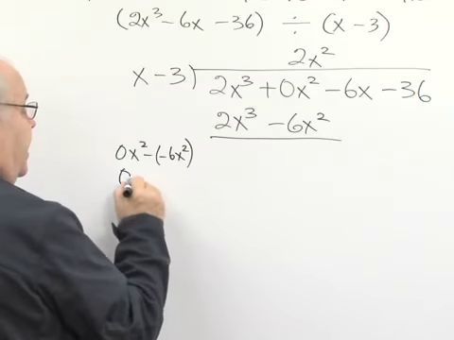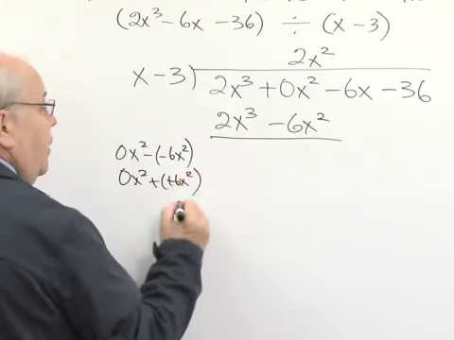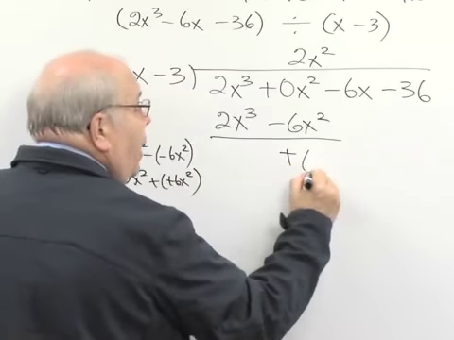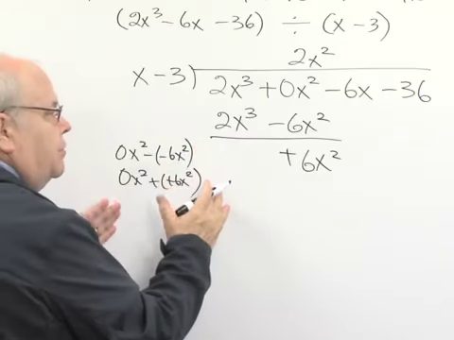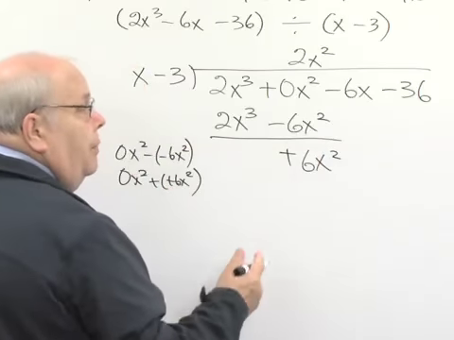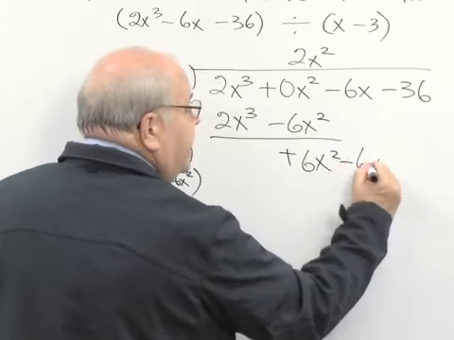What you're really saying is 0x squared added to plus 6x squared, and of course that would give you a positive 6x squared. It's a good idea to write out that little subtraction step so that you don't make a sign error. Now I bring down the next term, minus 6x.